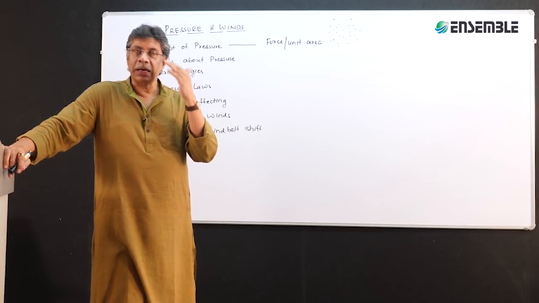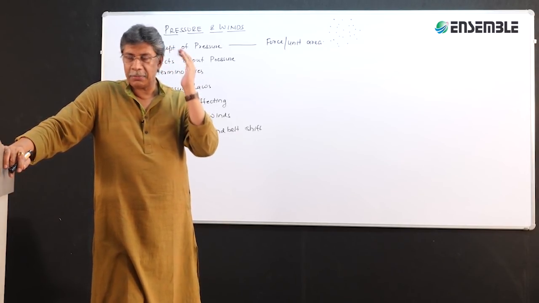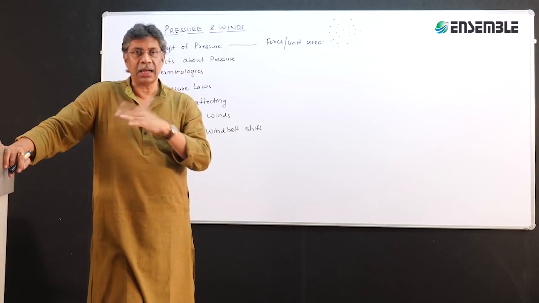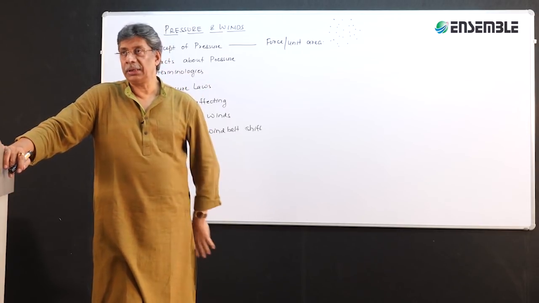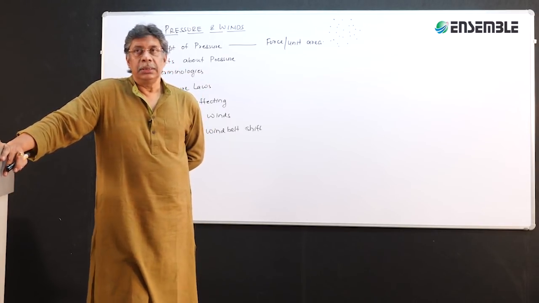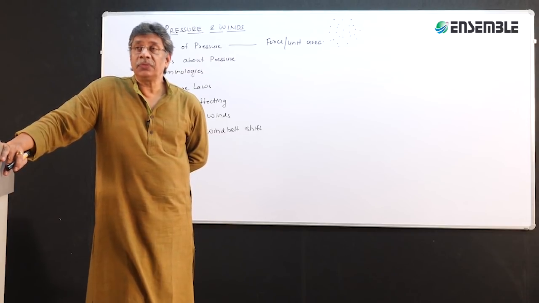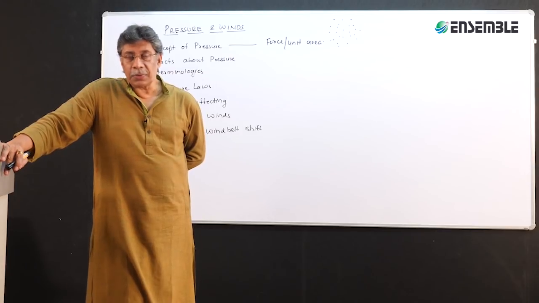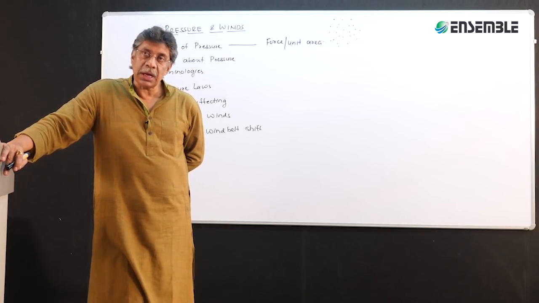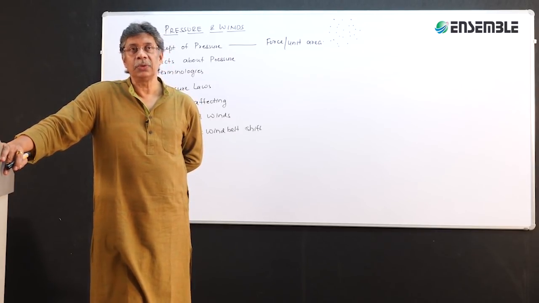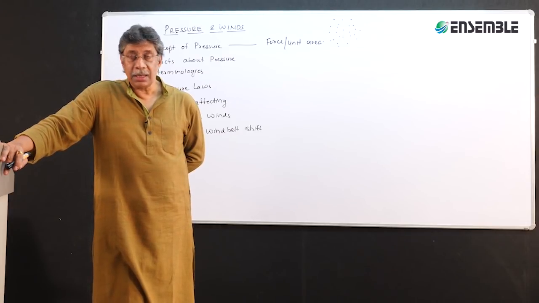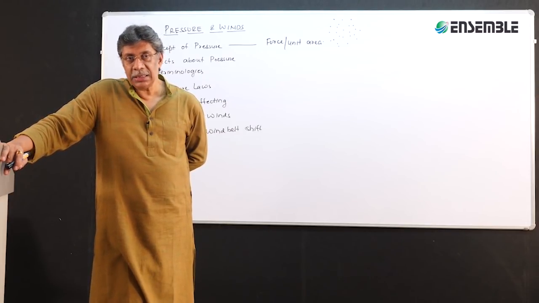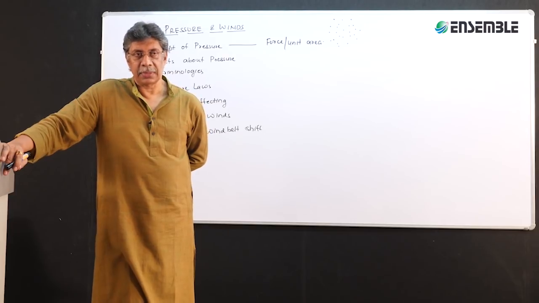They keep colliding with my head, my hair, my lips, nose, hand, everything. How much collision takes place, and in the process of this collision, how much force do they put in per unit area is what is pressure.